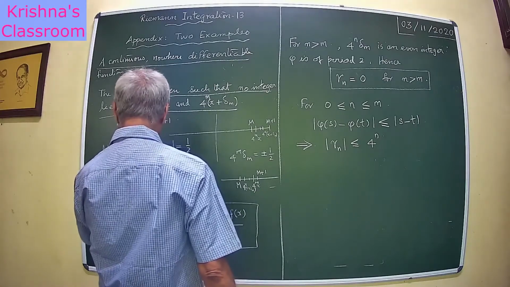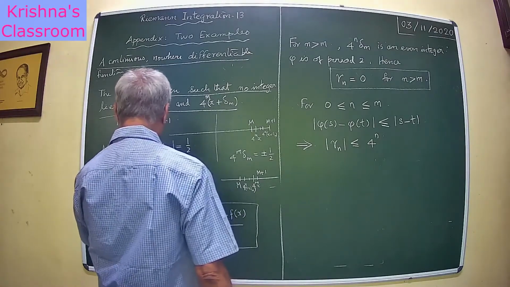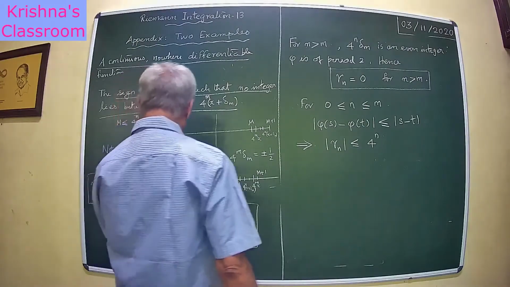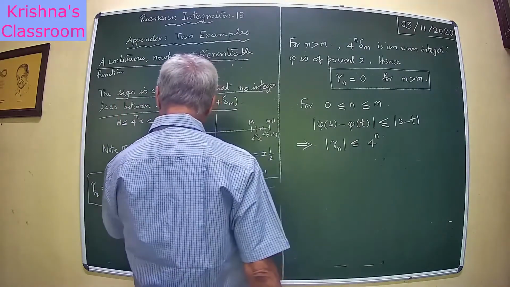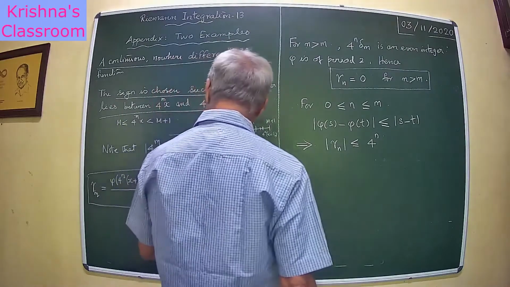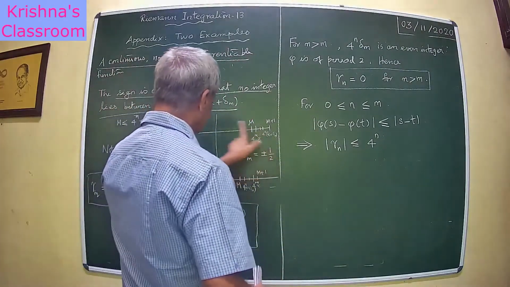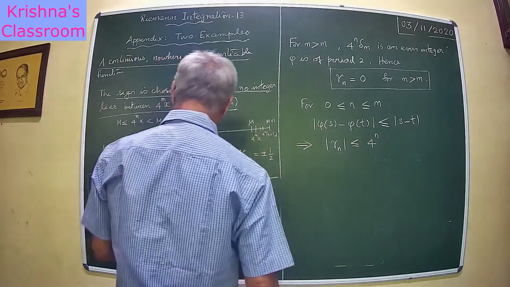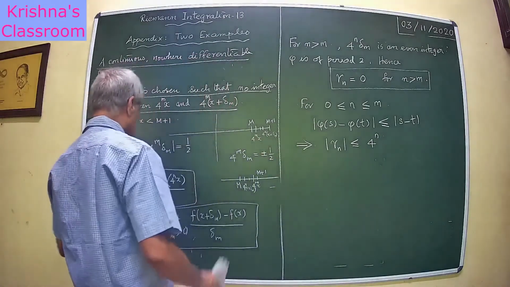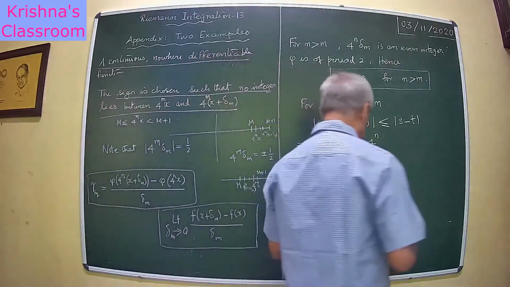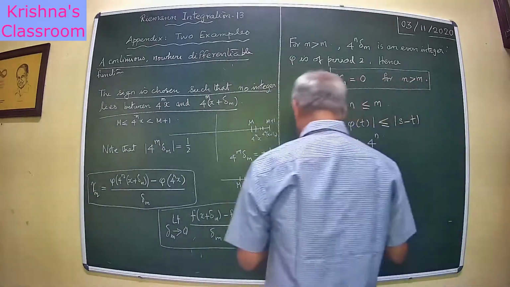Therefore, you see that 4 to the power n delta m and minus, okay, this function you take, and then you see that look at this condition, this is less than half and so on. You use this condition and then you get eventually that, okay, let us estimate this.